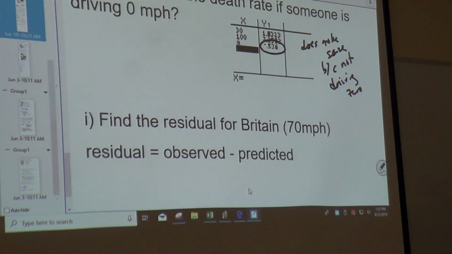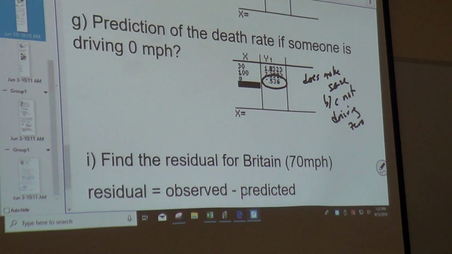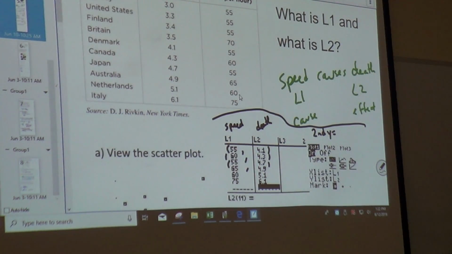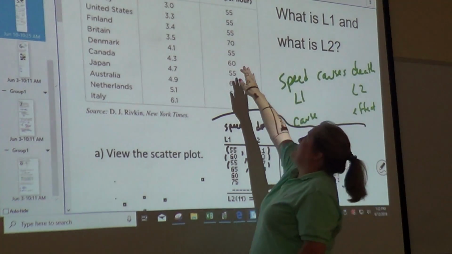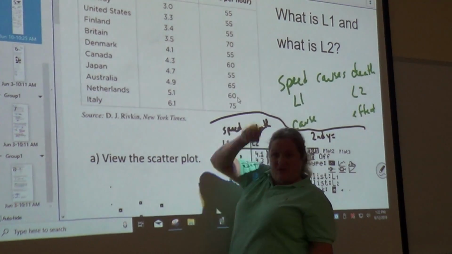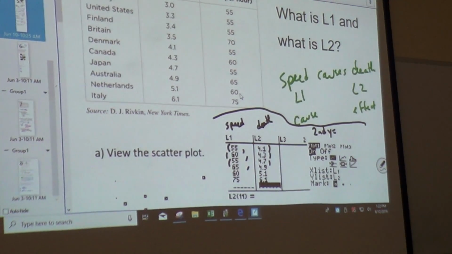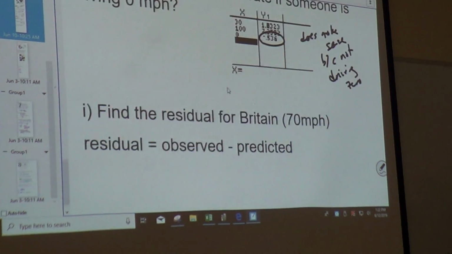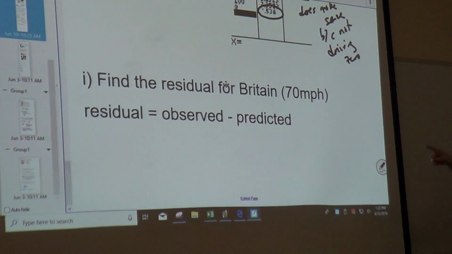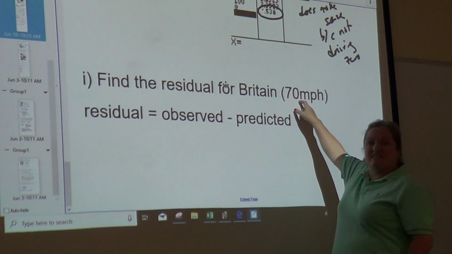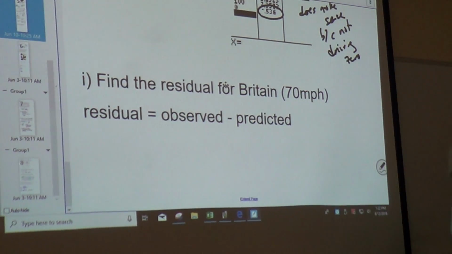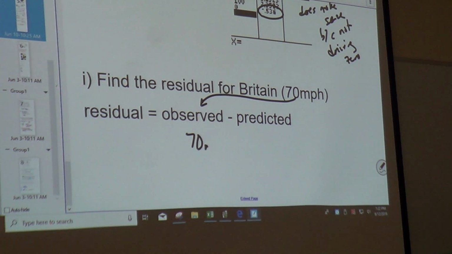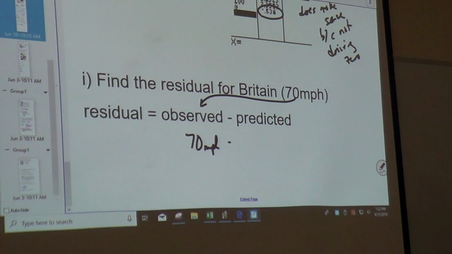Find the residual for Britain, okay? So if I go up to the top, Britain is 70 miles an hour. That's what they said, 70 miles an hour. So if I come down here, the residual is what we observed minus the predicted. So where do you think 70 is going to go? Observed or predicted? Observed. So 70 is going to be my observed. How am I going to get my predicted?